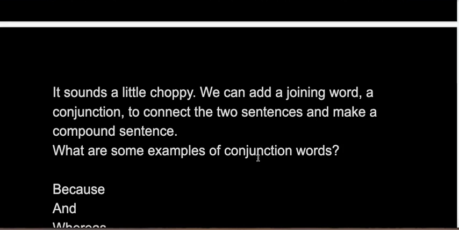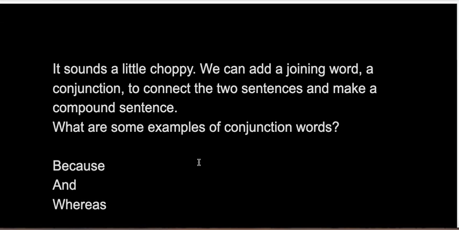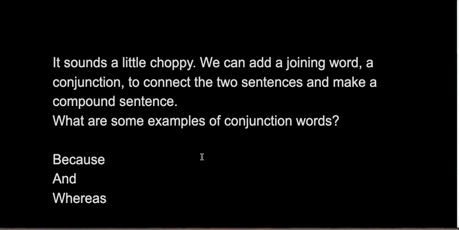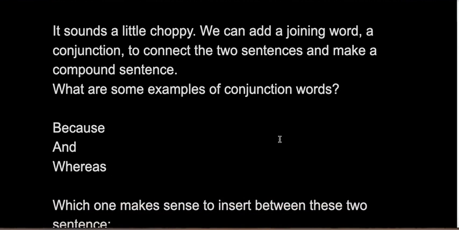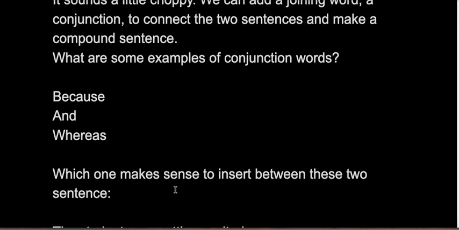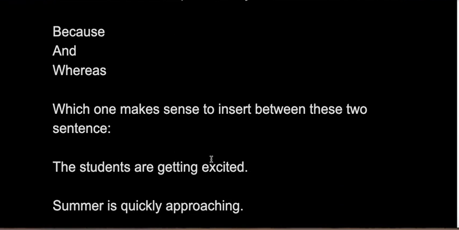Conjunction means it's a joining spot. And so here are some examples of words. Now, there are many different kinds of conjunctions, but I've just listed three here. The word because, the word and, the word whereas. They can join two complete thoughts. So let's just see which one makes sense. The students are getting excited and summer is quickly approaching.